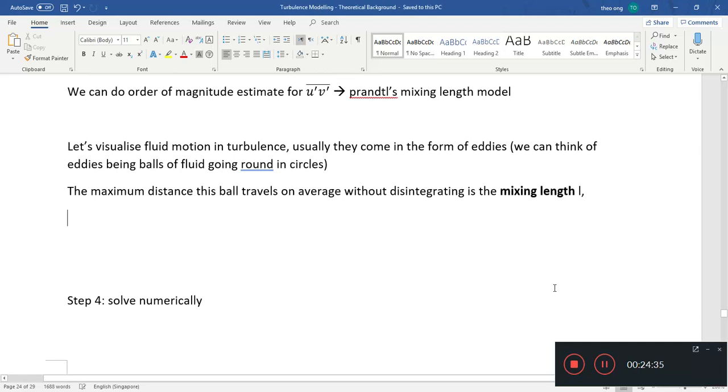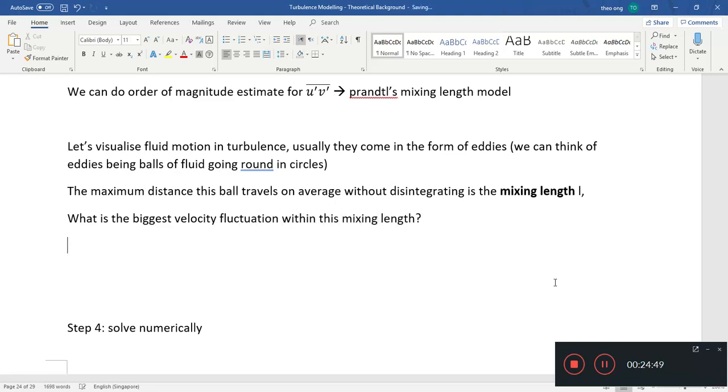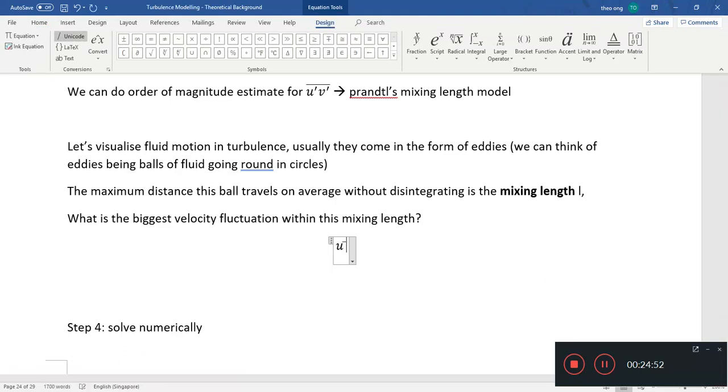What is the biggest velocity fluctuation within this mixing length? This will be u bar 2 minus u bar 1, and this will be approximately equal to, at least on an order of magnitude basis, the turbulent part of the velocity.